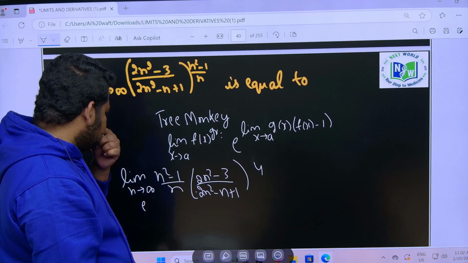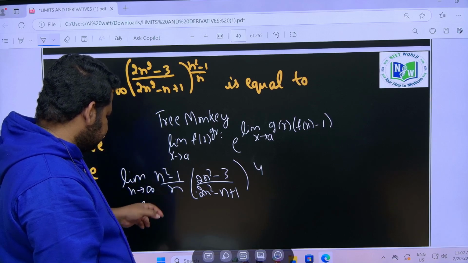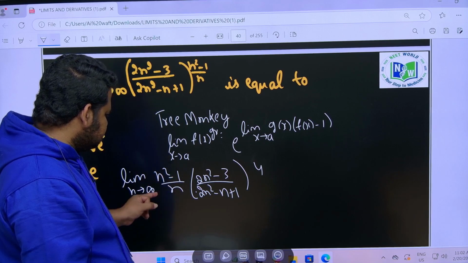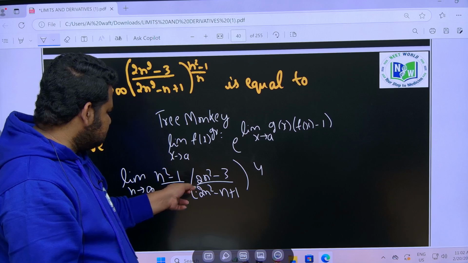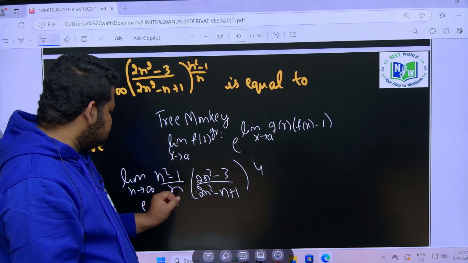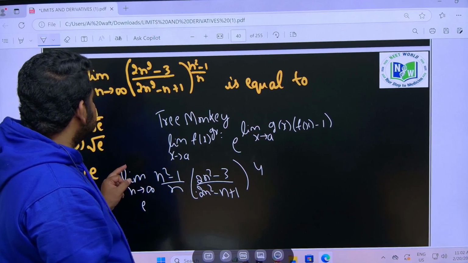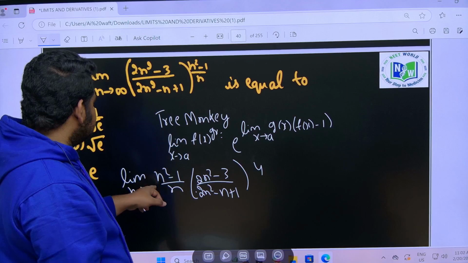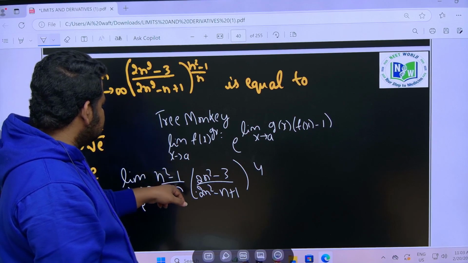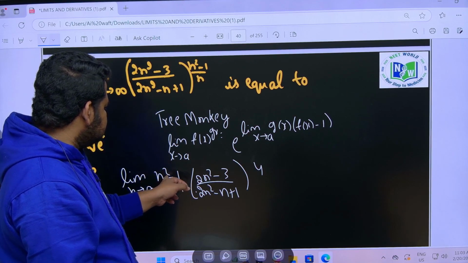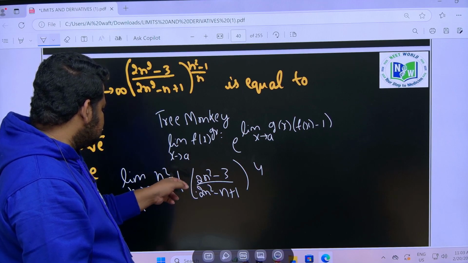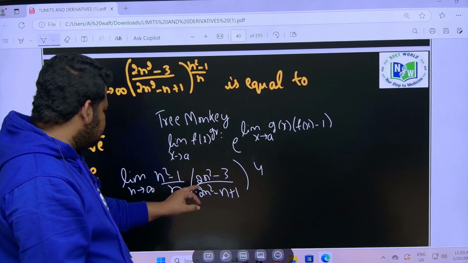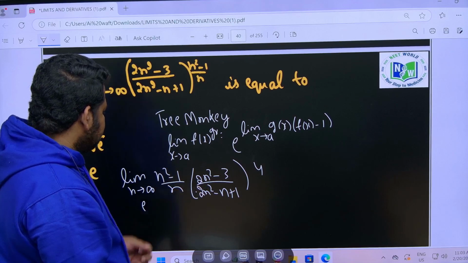So e power 0, that won't happen. There is some mistake in the question. Let us see. The power is 4 and this will be 3. M is greater than n.